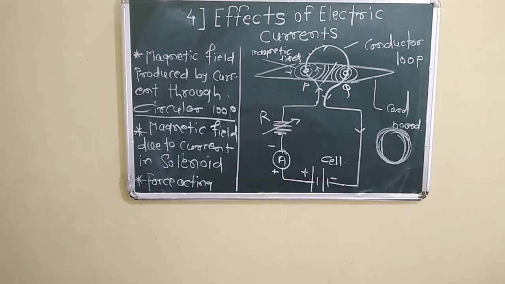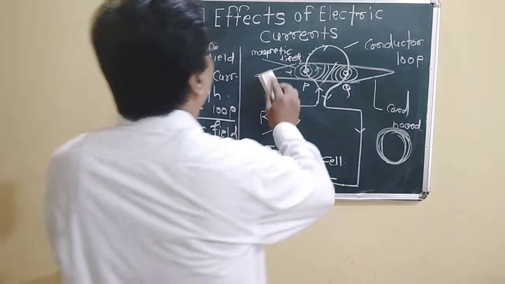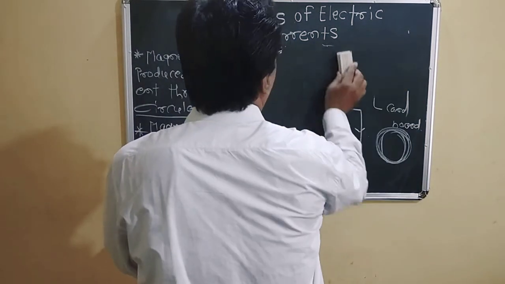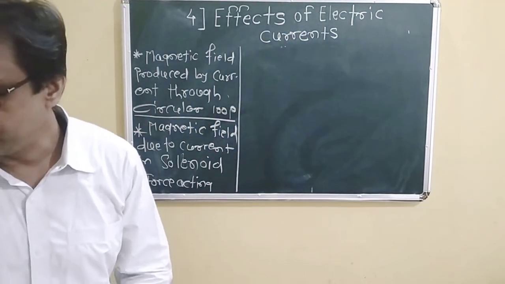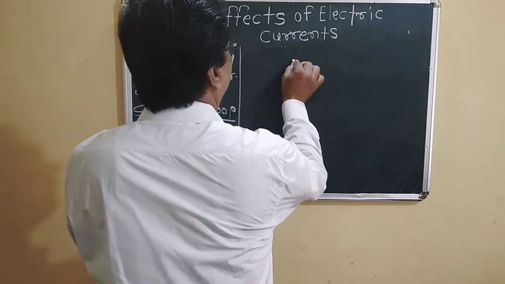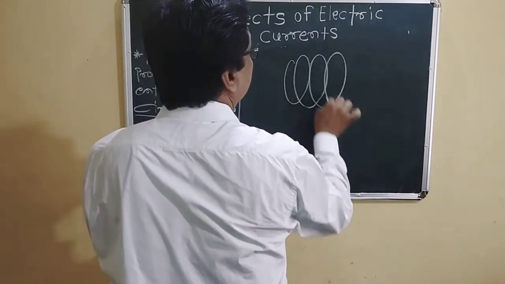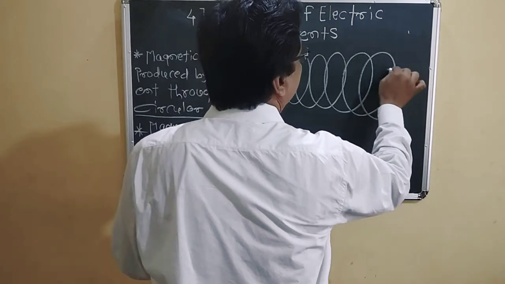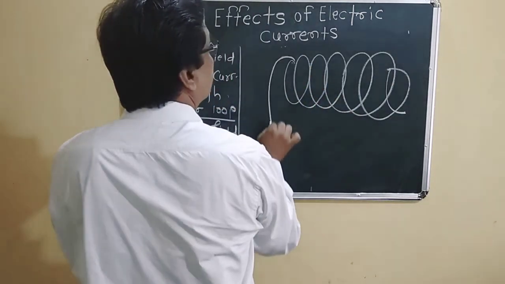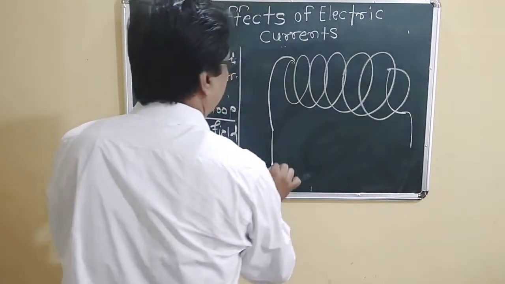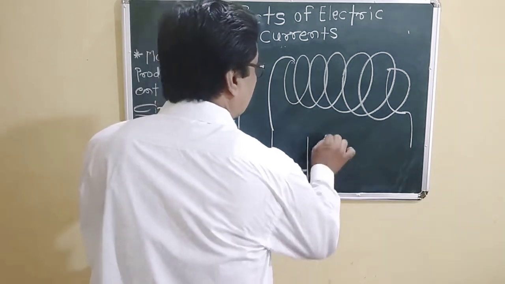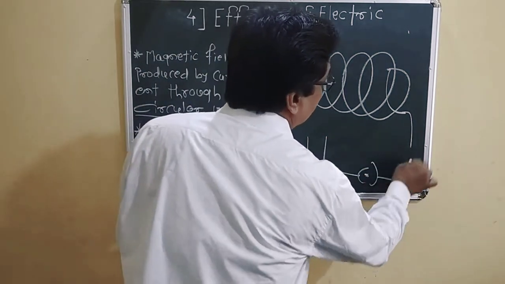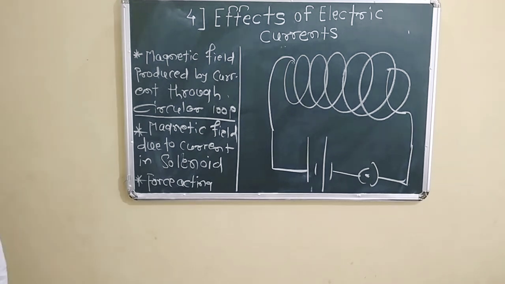After that we have to find the magnetic field due to current in a solenoid. For that we first have to draw a diagram related to it. On page number 54 we have provided the diagram. There are a number of loops, and its ends are connected to a cell.